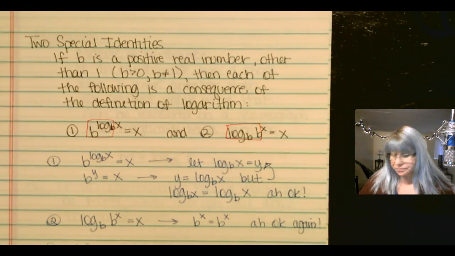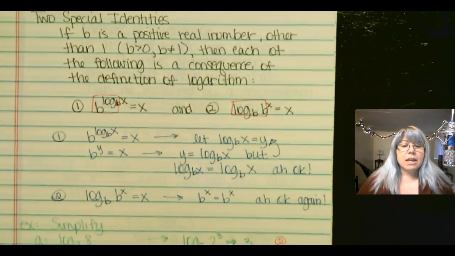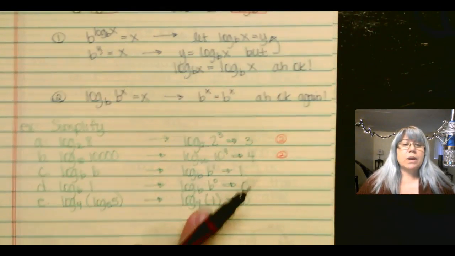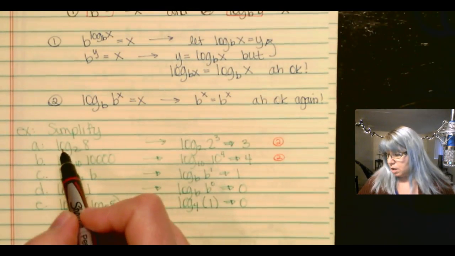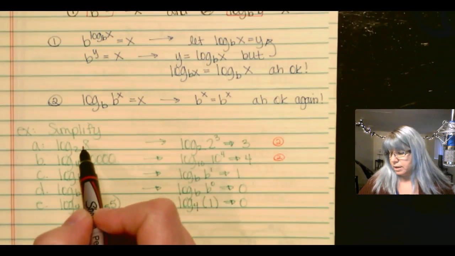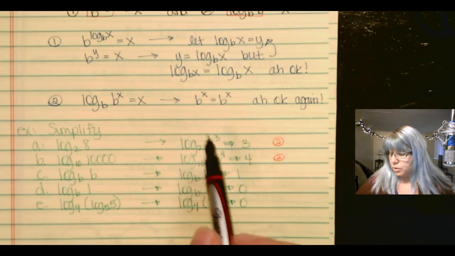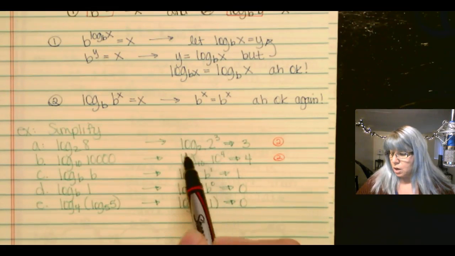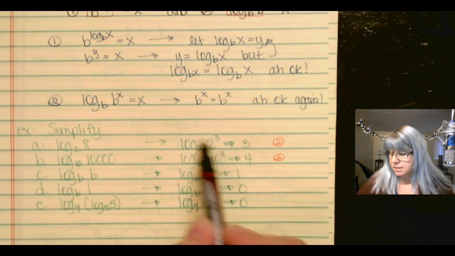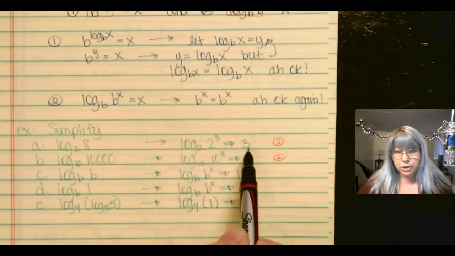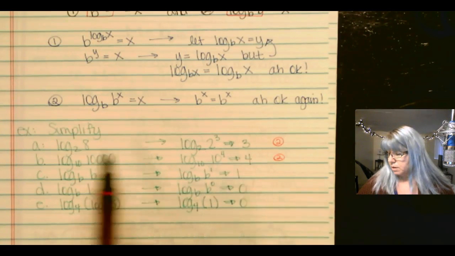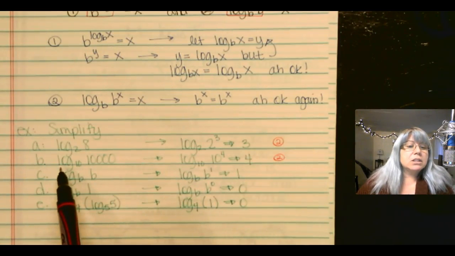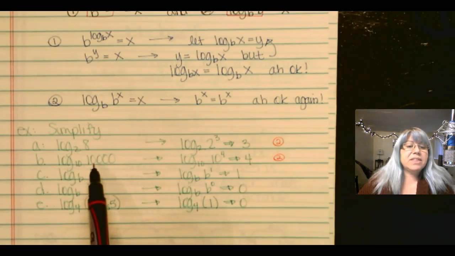Here's what I mean. I'm just going to show you all of these at once. Log base 2 of 8 is the same thing as log base 2 of 2 cubed. Well, log base 2 of 2 cancels out, and 3 equals 3. Let's try another one: log base 10 of 10,000.